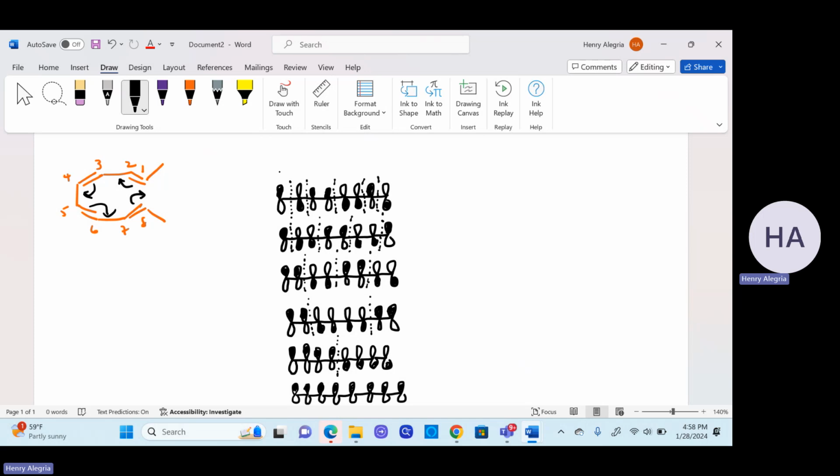So number 7, right? We have one more node. So this time the nodes are going to be 1 would be there, 2 would be here, 3 would be there, 4 would be there, 5 would be there, and 6 would be there.